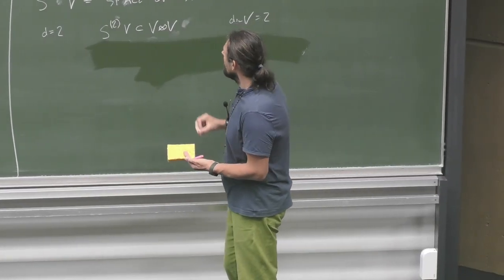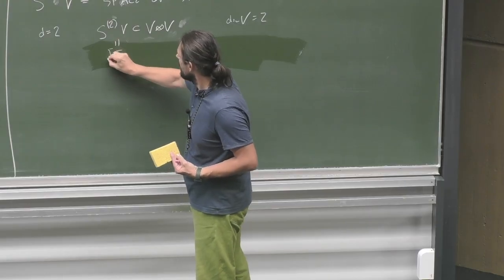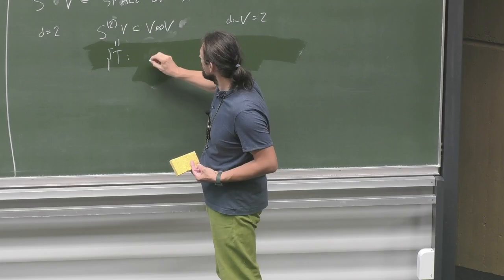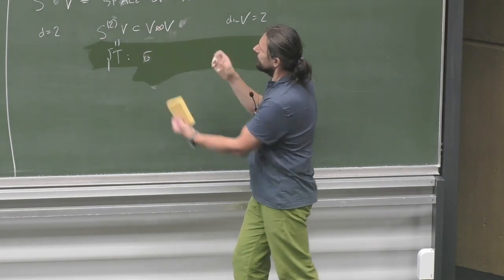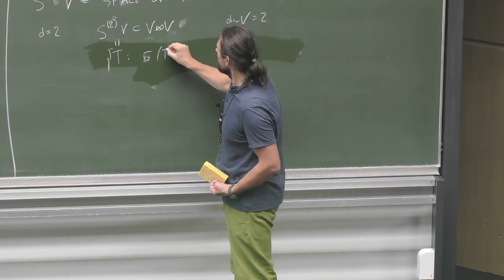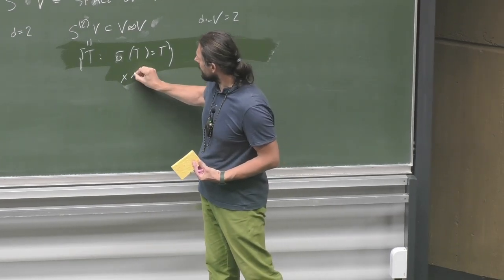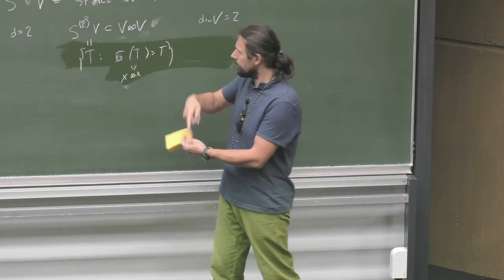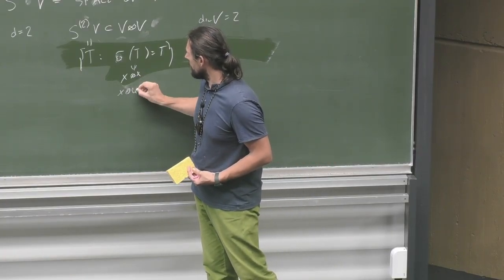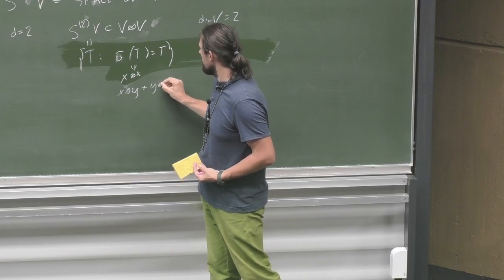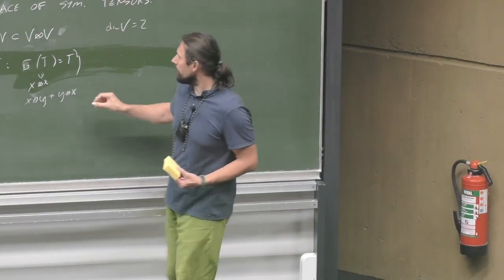Okay, so this is the space of the tensors T such that if you act with sigma, which switches the factors one through the other, you get the same T. So in particular, we have things like x times x here, obviously, but we also have things like x times y plus y times x. So these are the two different things that we can have here.